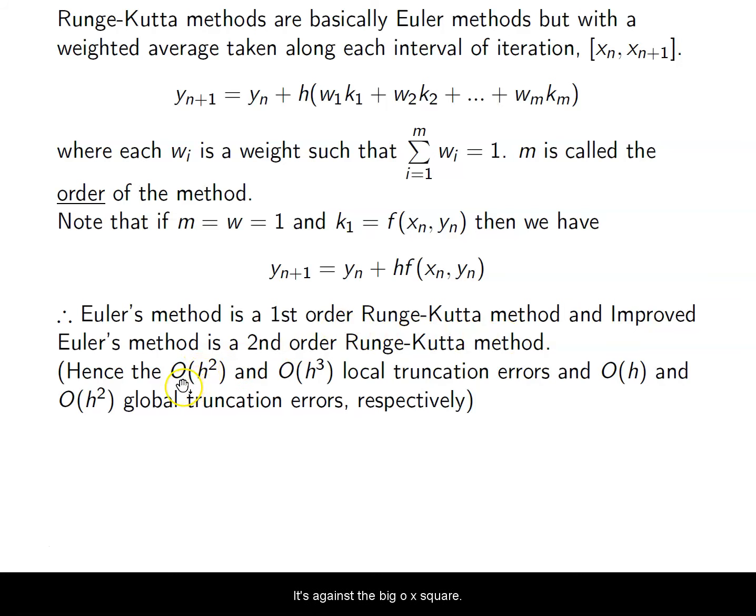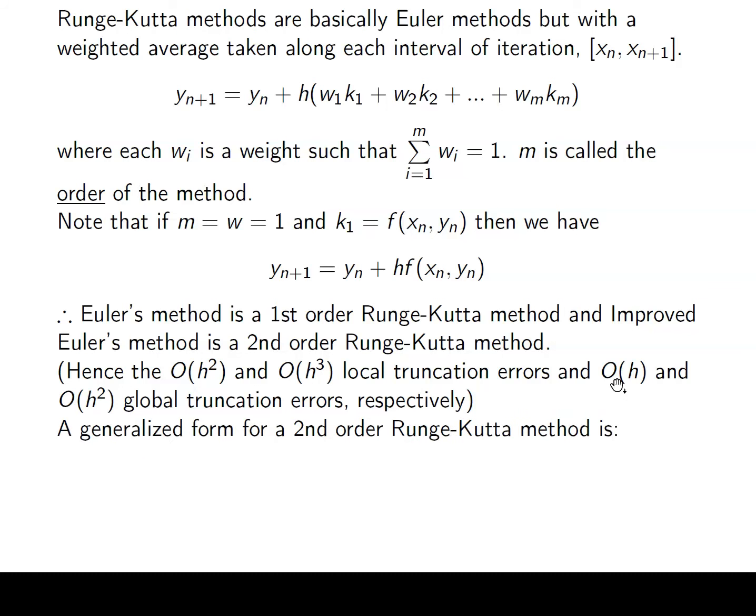Hence the big O h squared and big O h cubed local truncation errors: Euler's had h squared, improved Euler's had h cubed, but their global truncation errors were big O h for Euler's and big O h squared for improved Euler's. Improved Euler's is second order, which matches its big O notation, and Euler's was first order, which matches its big O as well.